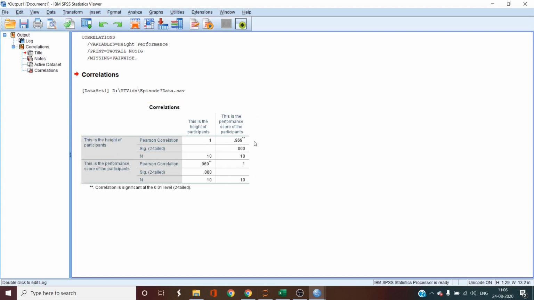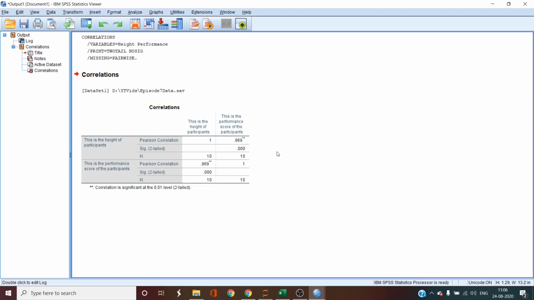What it is showing is that the correlation is very high, that is 0.969. Then we have the significance level or p-value, which is also very small. It is significantly less than 0.05 and even 0.01 that we usually check with.